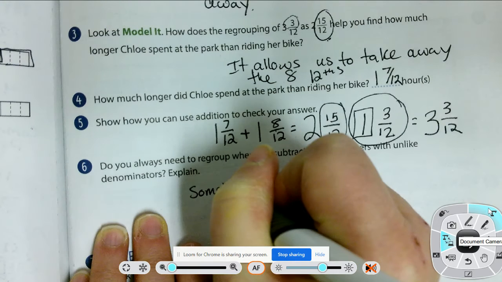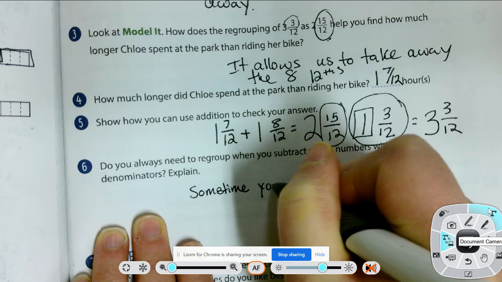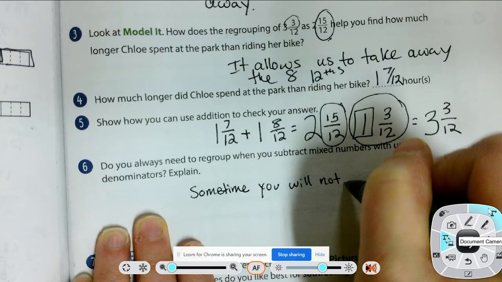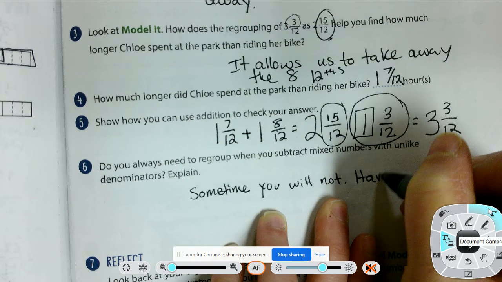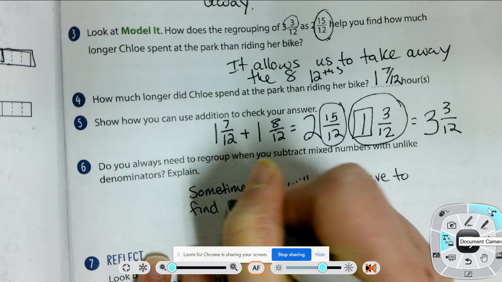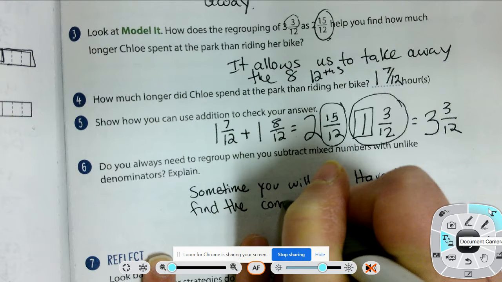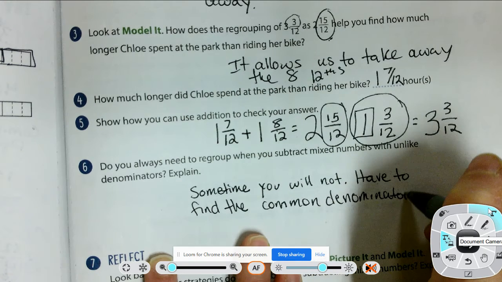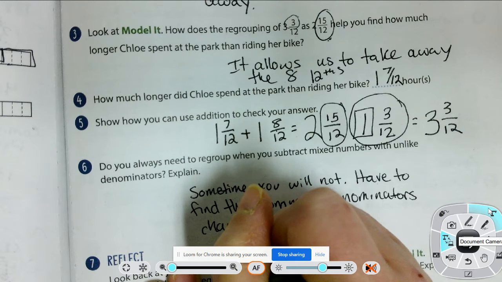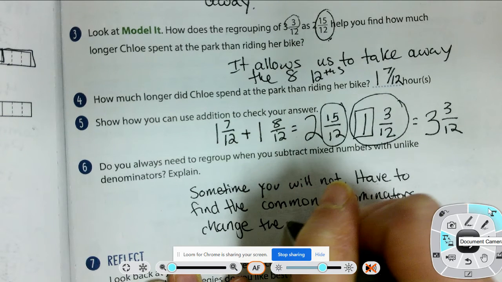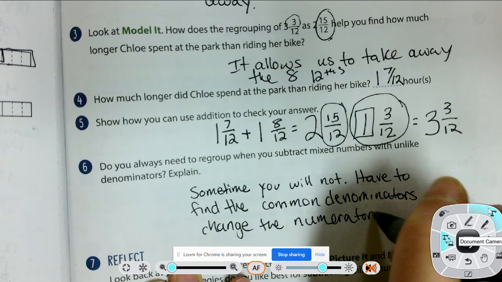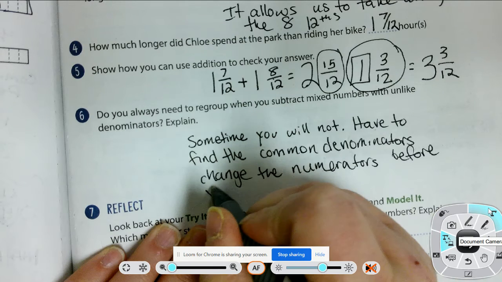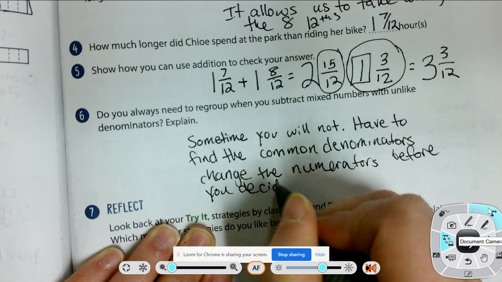Sometimes you will not, but you have to find the common denominators and change the numerators before you decide to regroup.